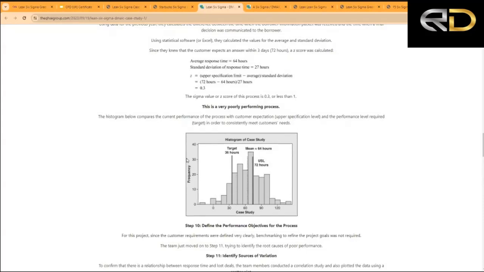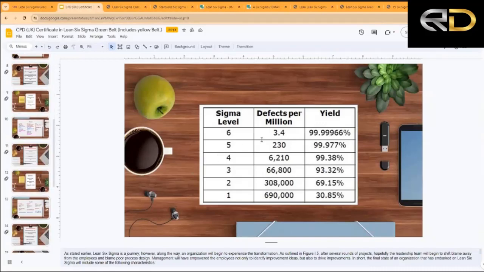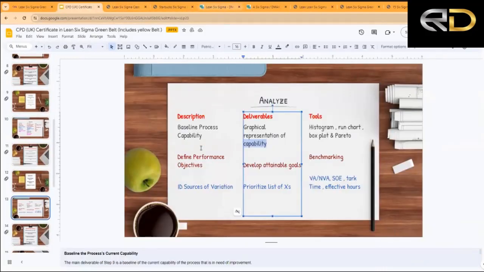As you can see, this is the frequency of issuing credit card and loans, 10, 20, 30, 40 loans being issued. The target here is 36 hours. You can see the majority of these responses are being done after the upper specification limit and so on. And 30, 60, 90, 120 are hours that are passing by. So this is what you call the graphical representation of capability, okay? After that now, what do we need to do?